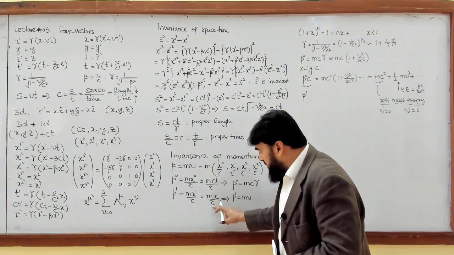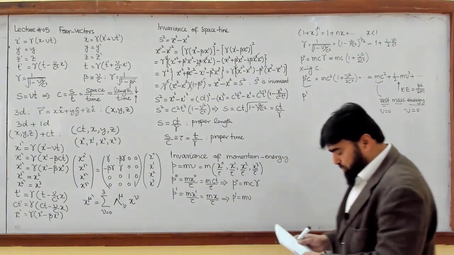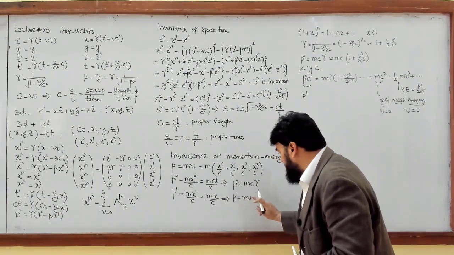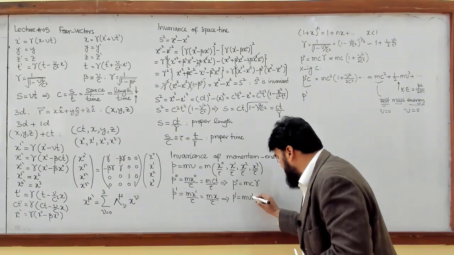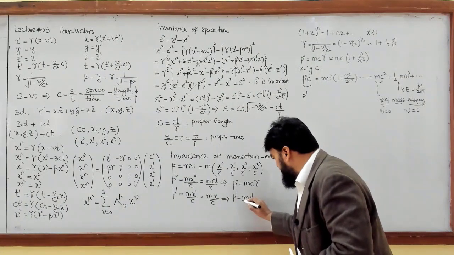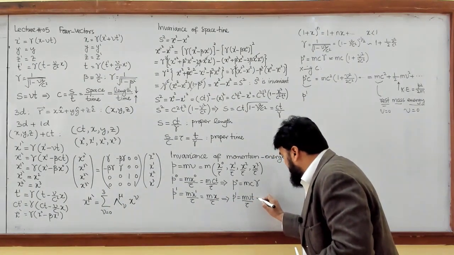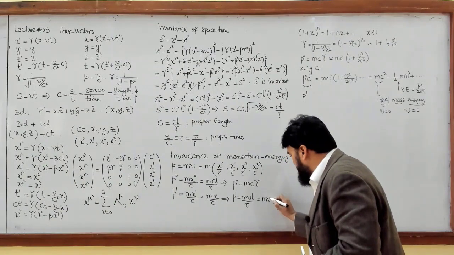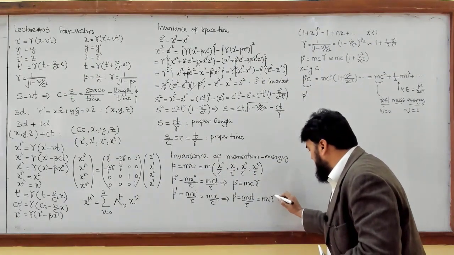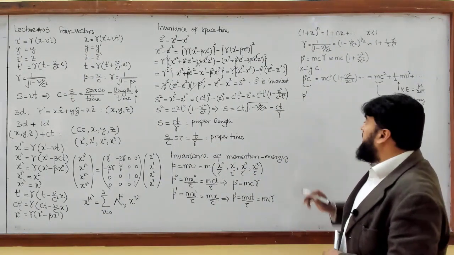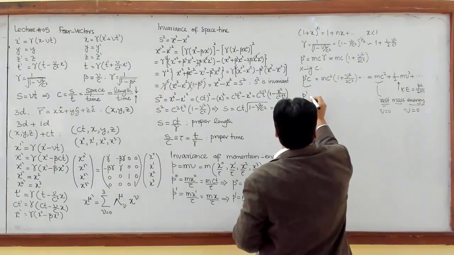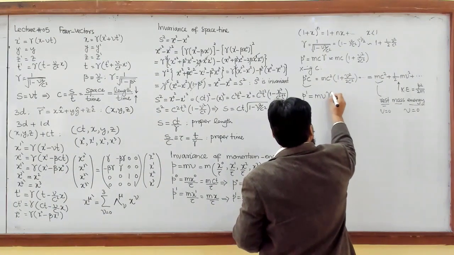Now x is equal to vt. I have forgotten this t here. x is equal to vt divided by tau. And this is equal to m times v, and then t over tau from here is gamma. So this is mv gamma. P0 was mc gamma. So P1 I can write is mv gamma.